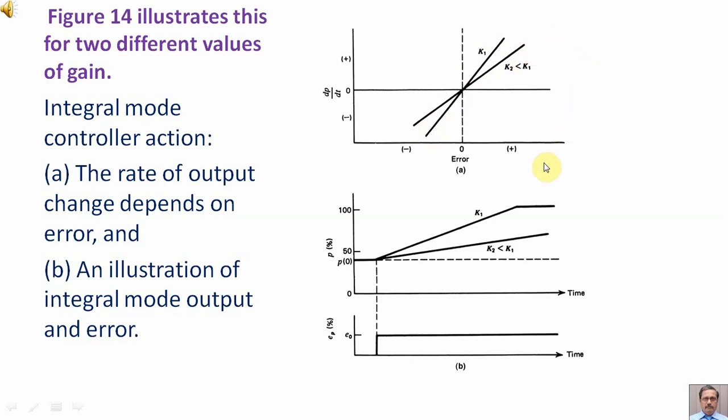B. An illustration of integral mode output and error. This is the error, and depending upon the gain, the output, the integral output, is changing at different rates.